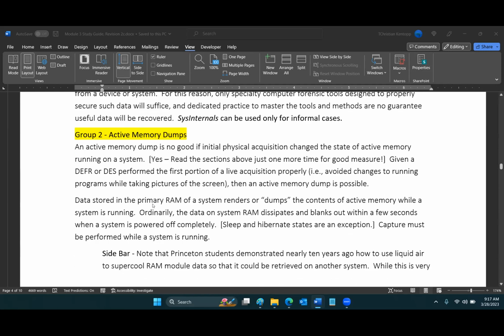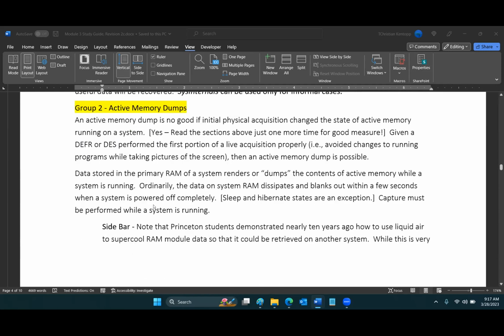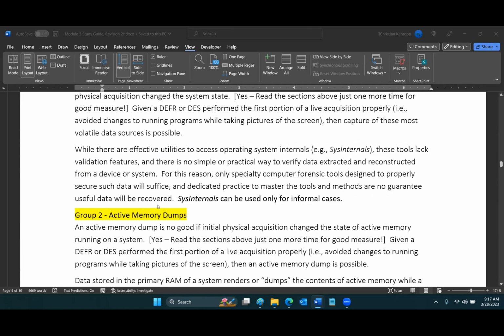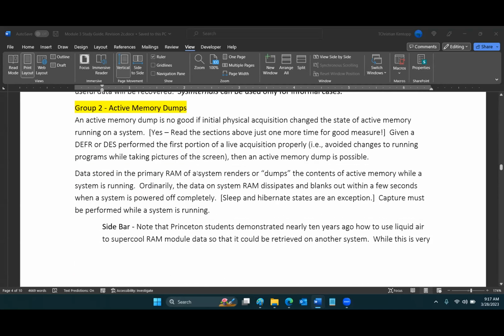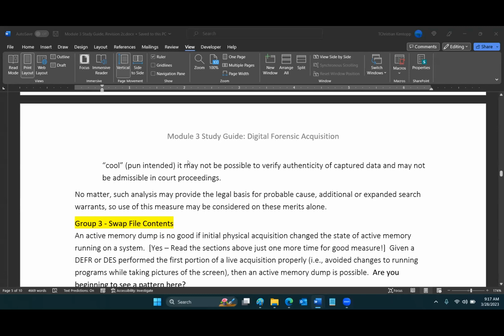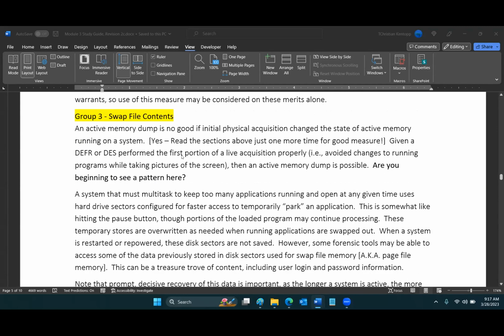When we're talking about active memory dumps, we're talking about the stuff that's stored in RAM, the stuff between RAM all the way to the CPU and on the CPU, right? And that is the part of the recording that we updated and revised from last Thursday.